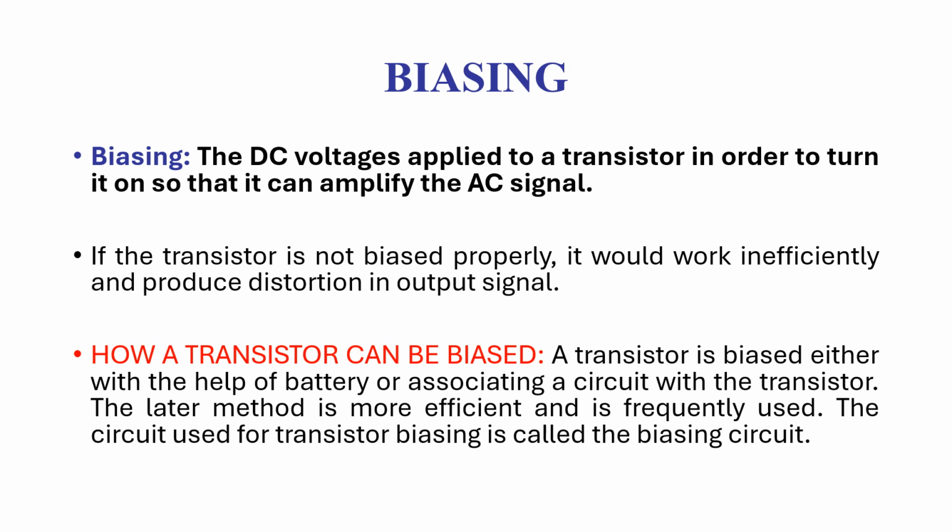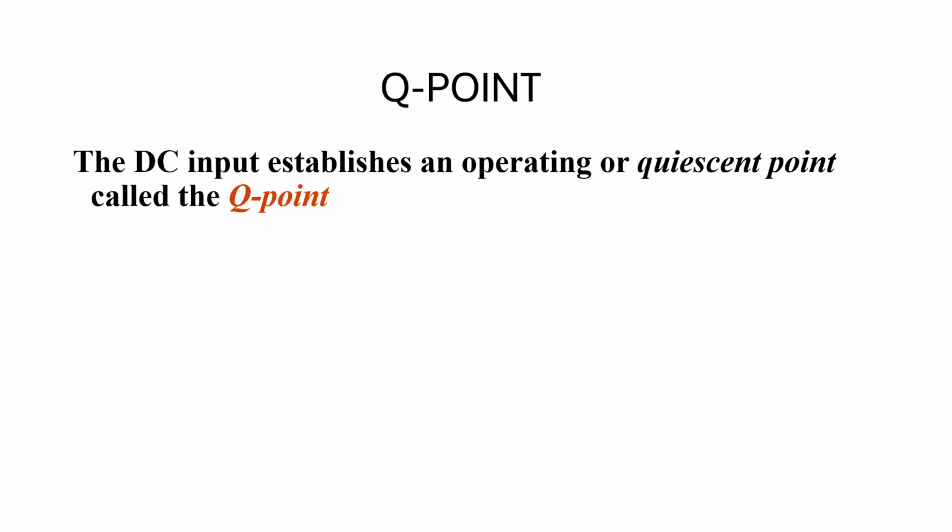How can a transistor be biased? A transistor is biased either with the help of a battery or by associating a circuit with the transistor. What is Q point? The DC input establishes an operating or quiescent point to get the distortionless, faithful output.